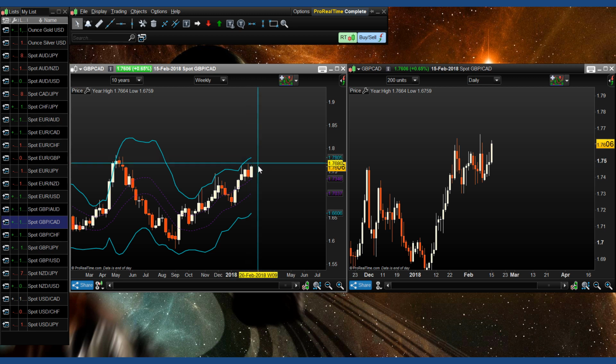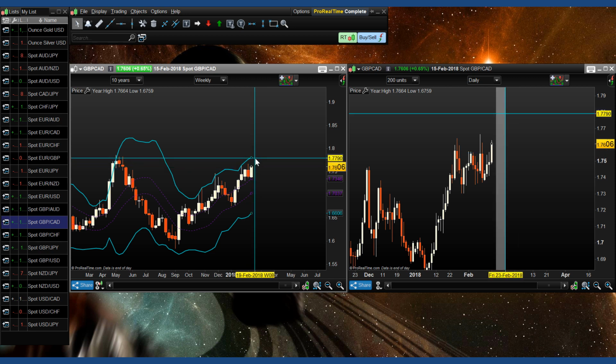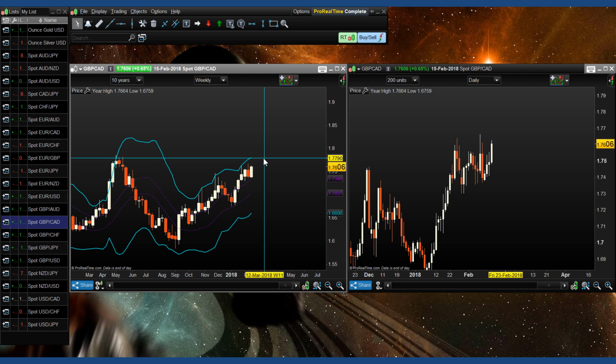It might as well reverse a little bit. There is some protection, in my opinion anyway, that this level here will provide a struggle for buyers before they can break through. So even though this pair is bullish, I do want to put on a slightly risky short call at 180. Let's have a look.